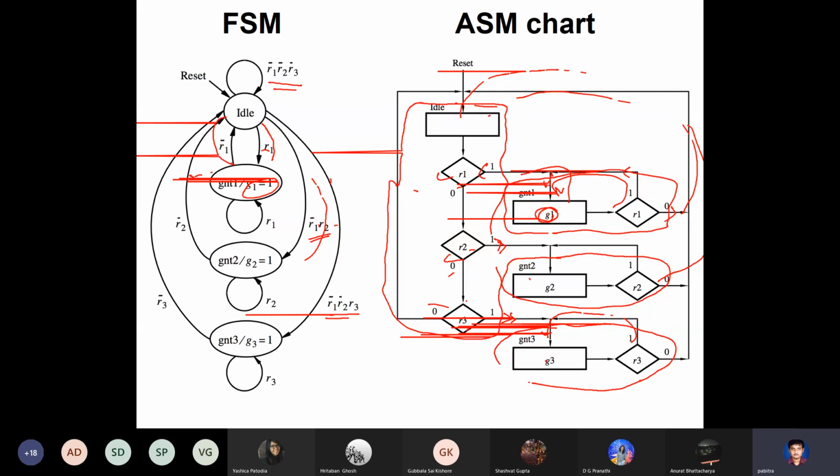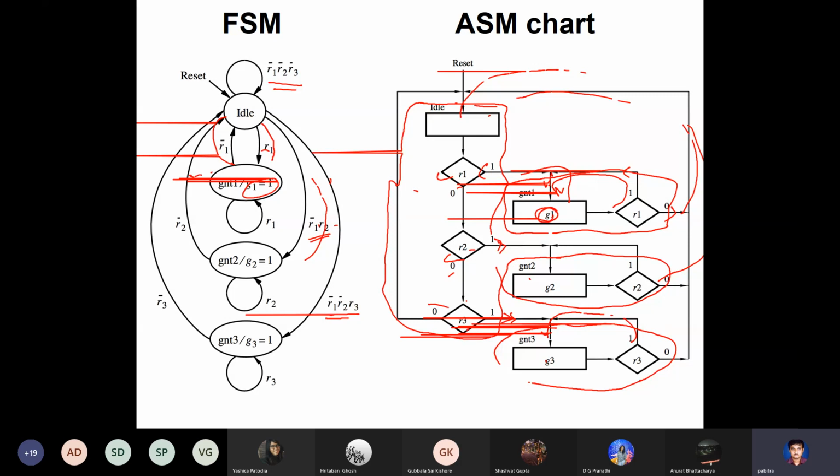It's broken down into modules, and even within subsystems, they are broken down into modules. This ASM chart can very easily be broken down into modules. You have a part of a chart which is one module, a part of the chart which is another module. That's the advantage.